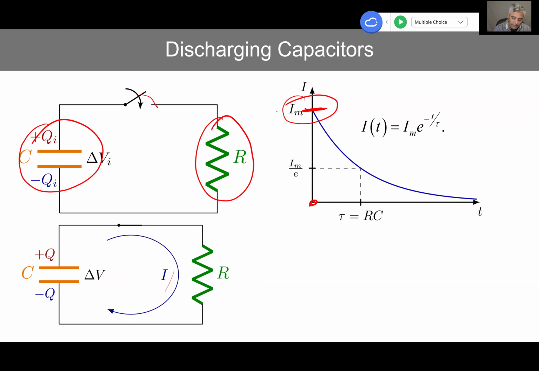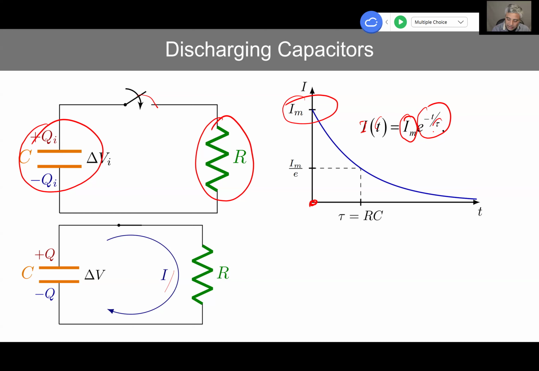And then after that, what happens? It exponentially decreases. And that exponential decay is given by this equation, where this I is the current at some time t, any time t after it's been connected, and it is equal to the maximum value of current times this, which is what we call exponential decay.